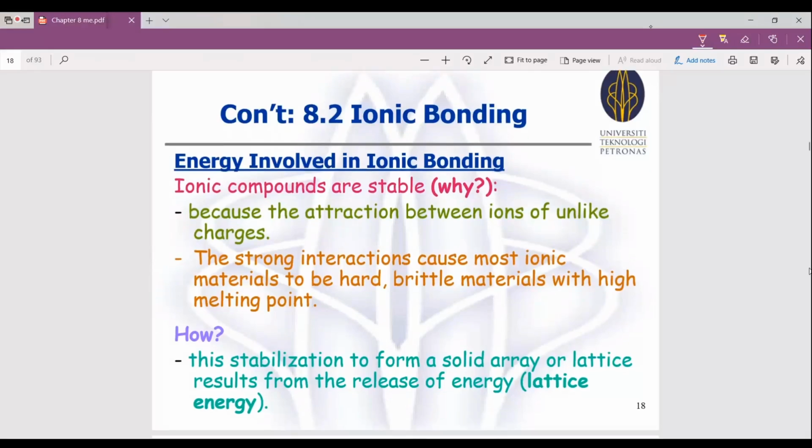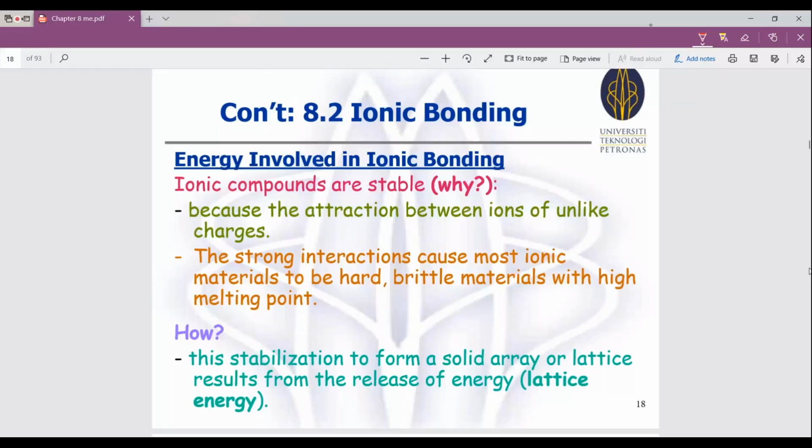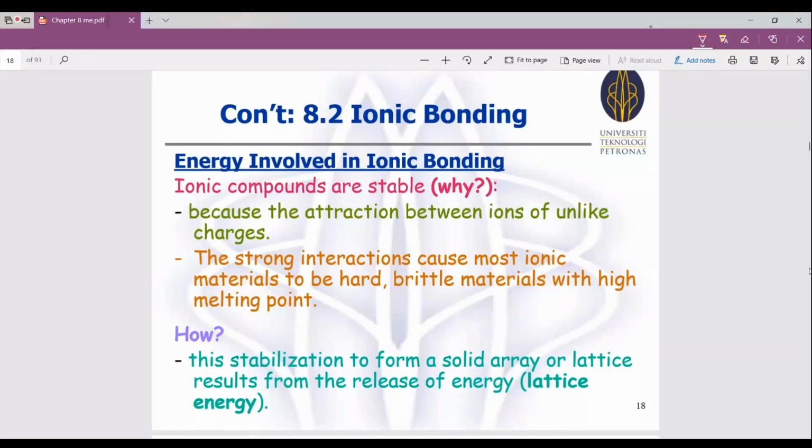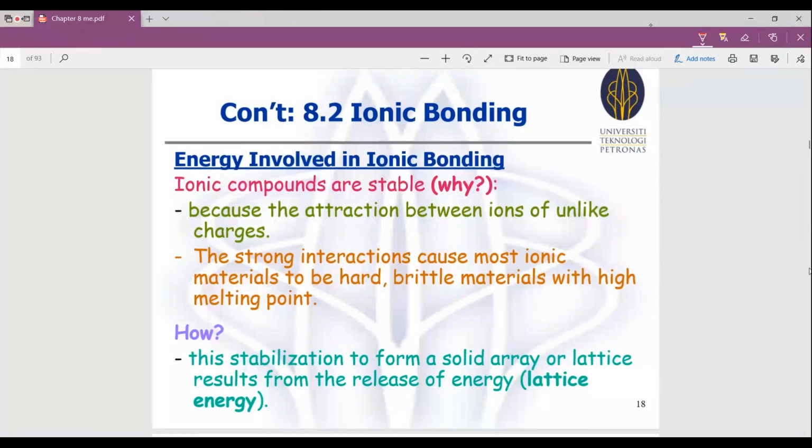So remember, NaCl formation is exothermic. Exothermic means that it releases heat. The energy that is released, we call it lattice energy. Because Na and Cl are bonded in a structure, this is stable, not excited, so low energy.